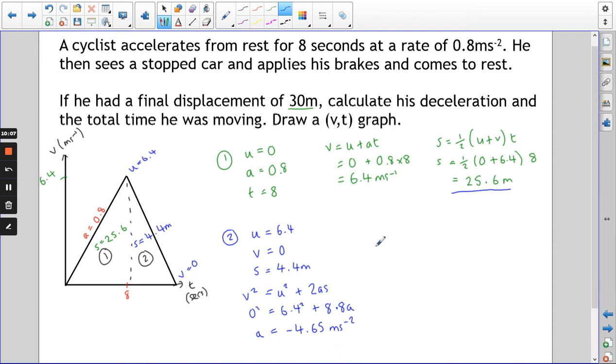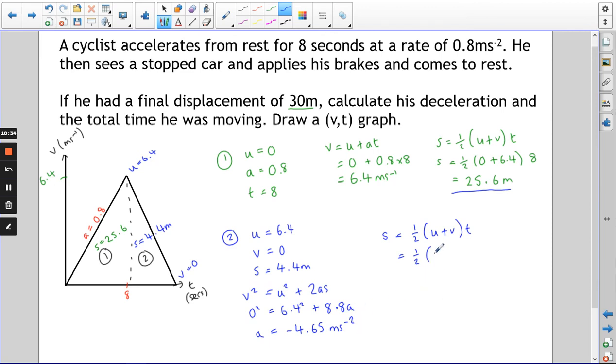Okay, and then the time he was moving, well, if we use S equals a half U plus V times T, which I use a lot, you can use any of the equations really because you've got all the information you need, but because I rounded A, I'd rather not use A in another calculation if I can get around it because of accuracy.